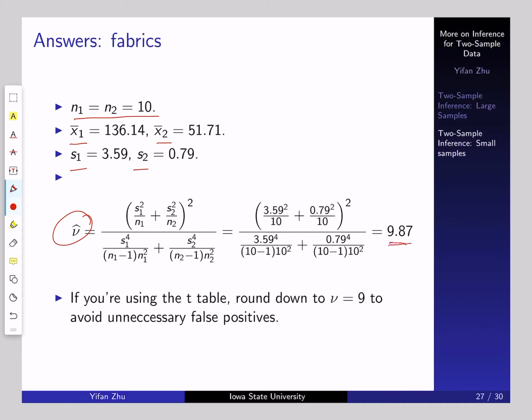Again, if you want to evaluate the quantile of the t-distribution with decimal places in the degrees of freedom, you have to use the calculator or the computer software. But if you want to use a t-table in the appendix of the book, then you need to round it down to nu equals 9. This is to avoid unnecessary false positives.